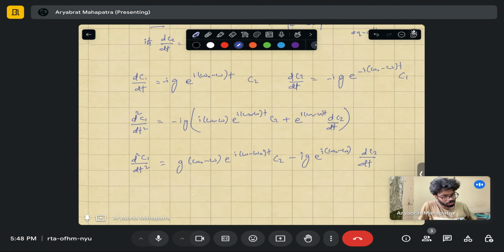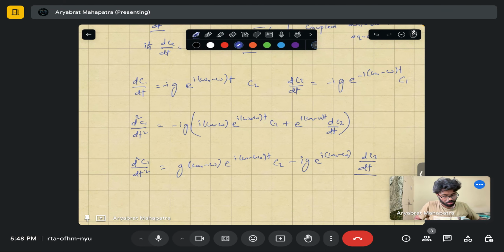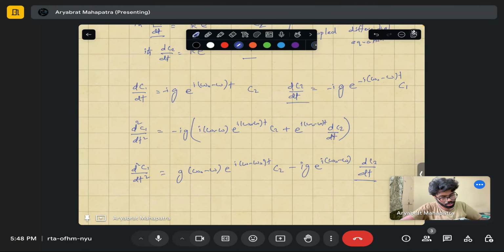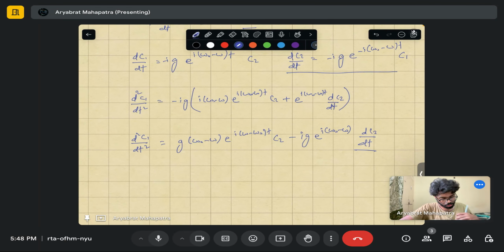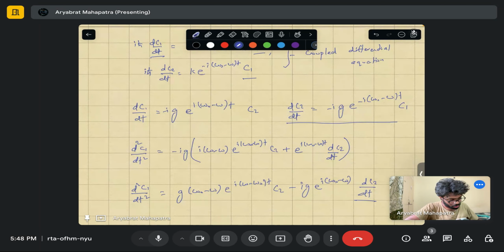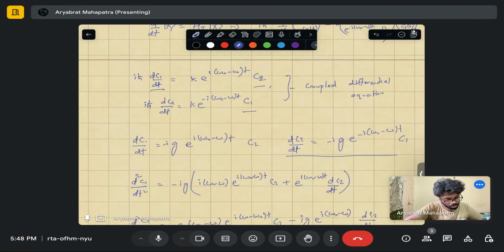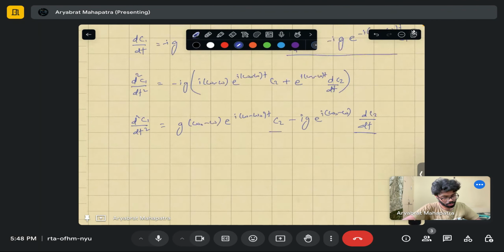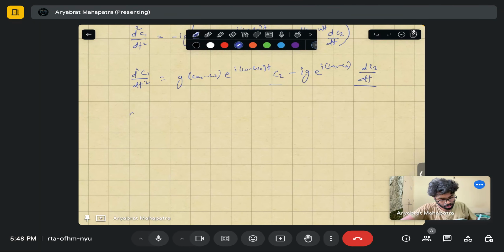So I can substitute what dc2 is from here, and also substitute what C2 is from this differential equation.